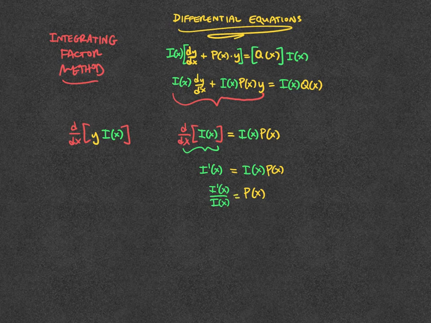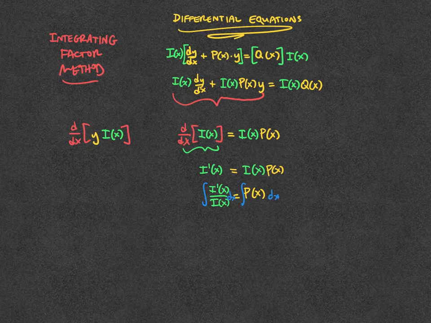Now, why is that helpful? Because now I can find what I of x is in terms of p of x. Check this out. If these two are equivalent, then the integral of both of them with respect to x should be equivalent.